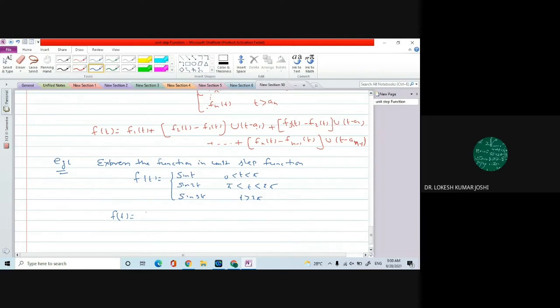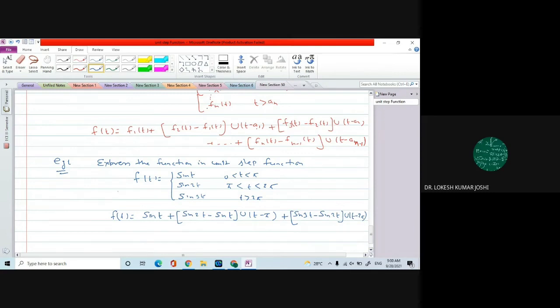Therefore it equals f1(t), which is sin t, plus [f2(t) minus f1(t)], sin 2t minus sin t, times u(t minus pi), plus [f3 minus f2], sin 3t minus sin 2t, times u(t minus 2 pi).